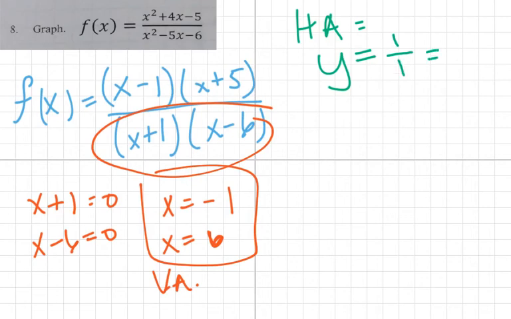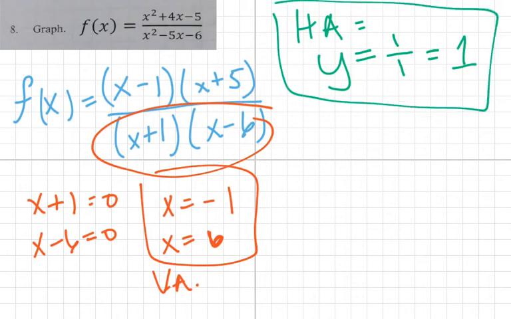So therefore, 1 divided by 1 is 1. So we have our two vertical asymptotes, and we have our horizontal asymptote. Okay, so we're like a quarter of the way there.